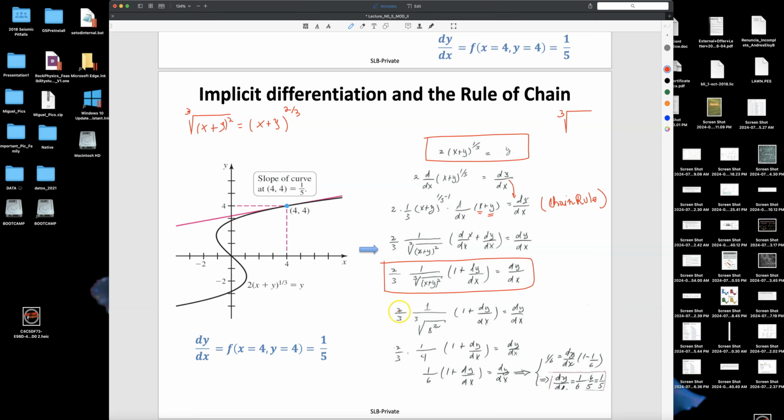So this is going to be 2/3 times 1 over the third order root, and I put here a square, because x is equal to 4, y is equal to 4, and 4 plus 4 is 8. That's what I have here.